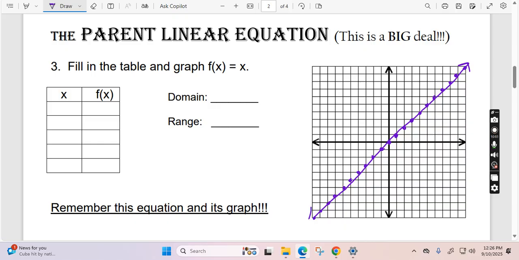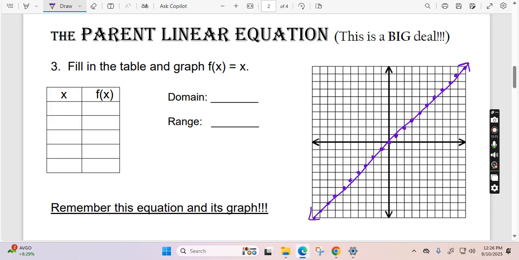All right? So this is our most basic linear equation, okay? So I just told you all a few of them, but now it wants us to fill in the table for y equals x. So, or f of x equals x.